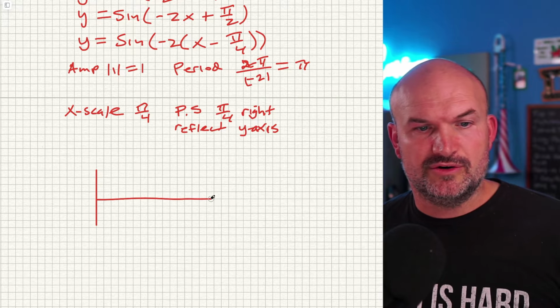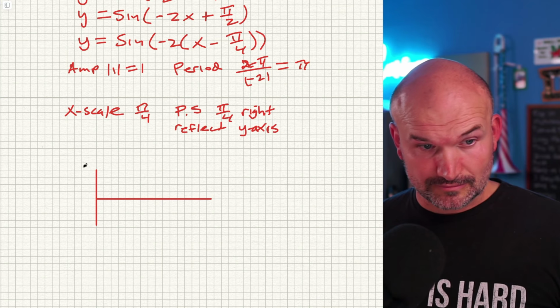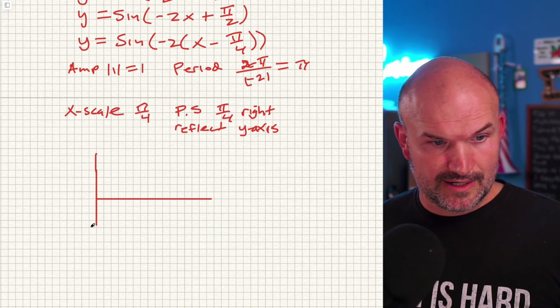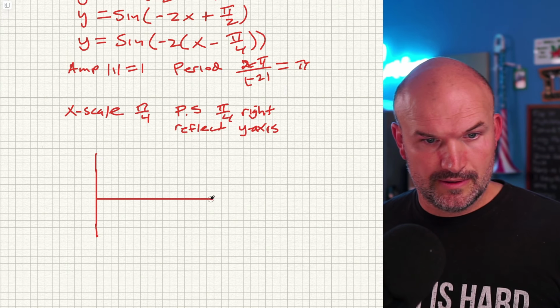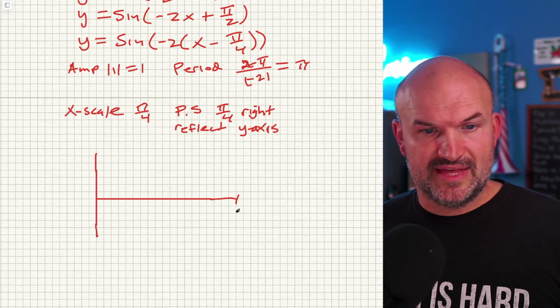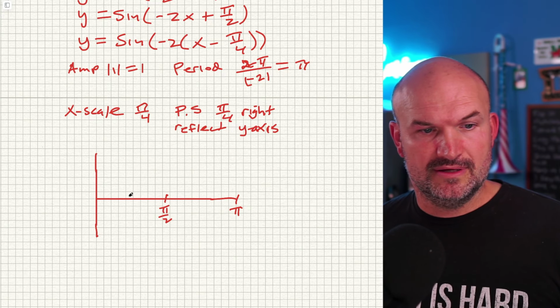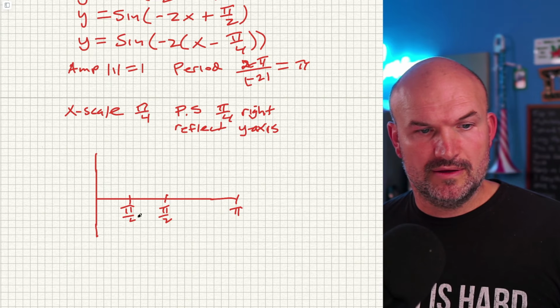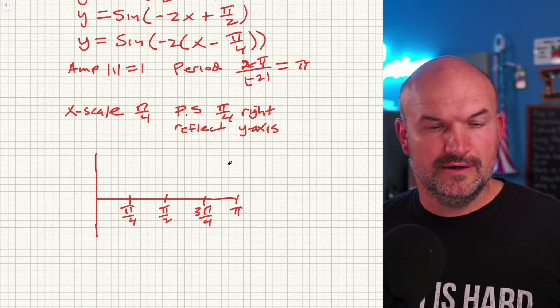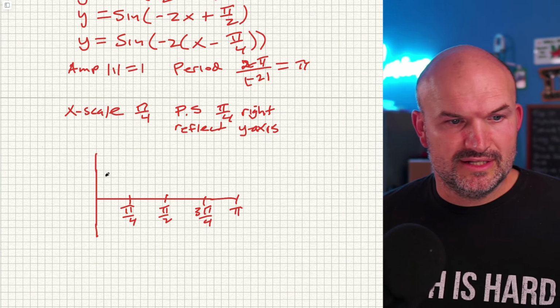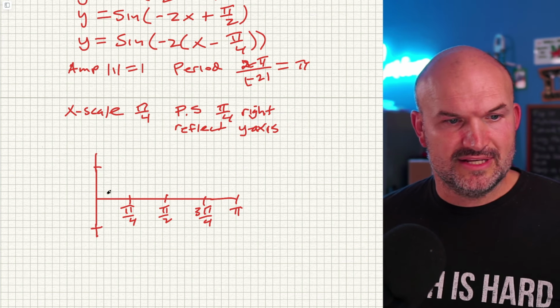So let's create a nice little x-axis. Let's go a little higher, a little lower. Let's say, all right, so that's going to be period is pi. And again, pi over 4, so that's going to be pi halves. That's pi over 4. And this is going to be 3 pi over 4. And amplitude is 1, so let's go up to 1, down to negative 1.